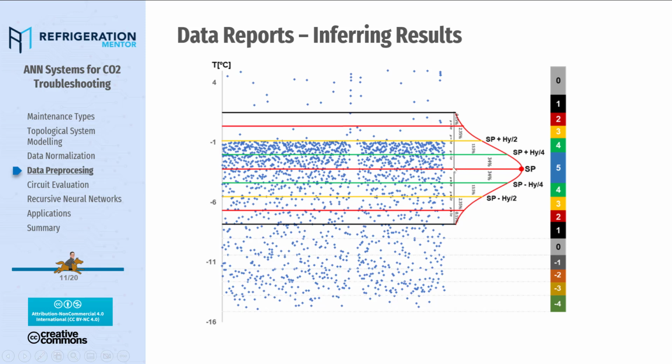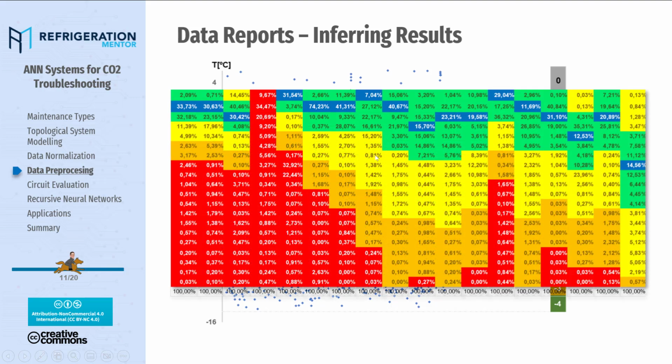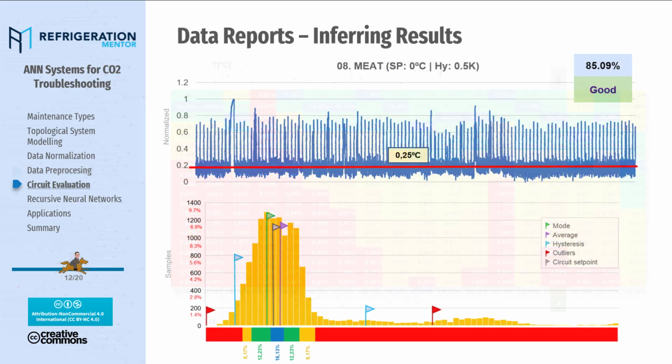In that case, we have something similar to a heat map, and we know if our circuits are reaching the temperature, how much of the energy invested in the system is used to accomplish our objective, and how much energy we are investing in reaching lower temperatures that can damage our product.